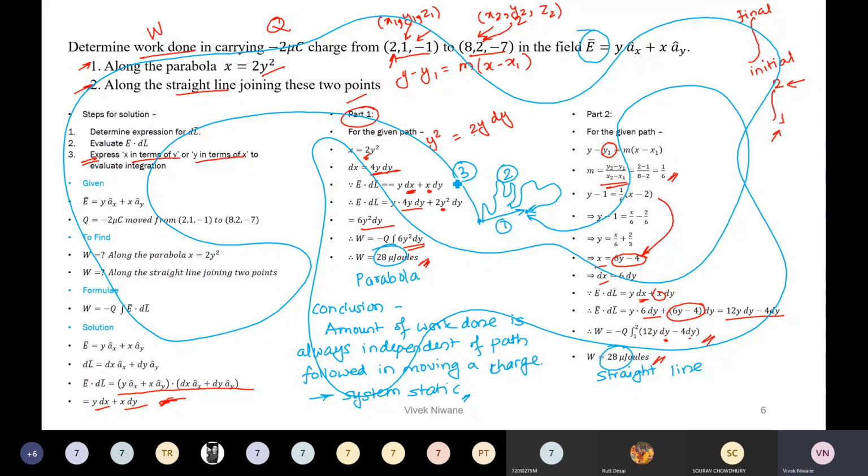The amount of work done as long as the system is static is always constant, always the same, because if we observe कि भाई अगर इलेक्ट्रिक फील्ड इंटेंसिटी इज इन दिस डायरेक्शन, तो इन सम केसेस वी हैव टू अपोज इलेक्ट्रिक फील्ड इंटेंसिटी, इन सम केसेस, इन सम पार्ट ऑफ द path, in some part of the path the electric field is going to provide us support in moving the charges। Okay, so a very important observation or conclusion in this numerical.